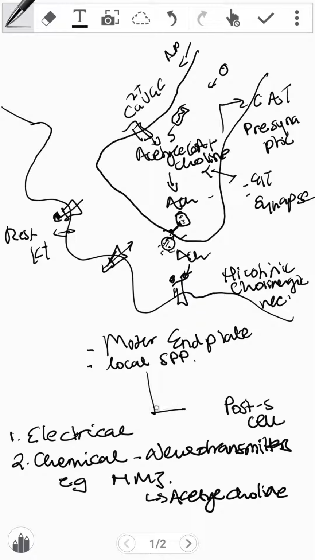So, again, we go back. Once it reaches threshold, it's going to open adjacent sodium voltage-gated channels. Once it opens those, there's going to be an influx of sodium, and that is what's going to cause the action potential depolarization.